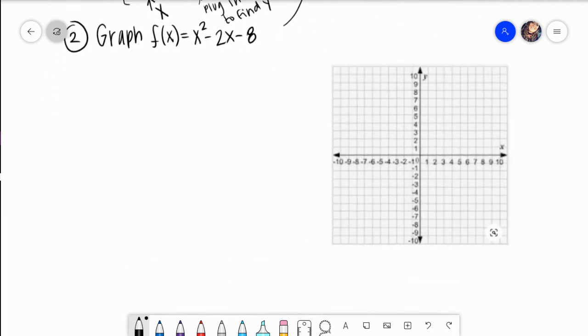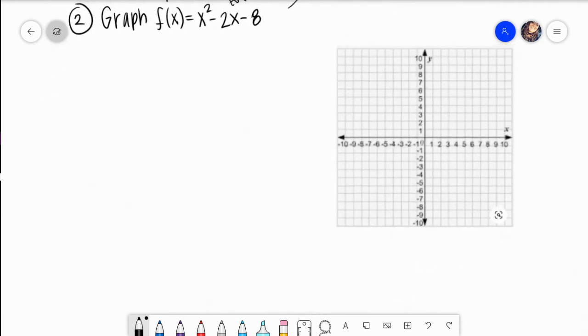Now let's do this one. It says to graph. I notice that it's also not in the correct form. It's in the ax squared plus bx plus c form, but there's a few things that I know I need to identify. My a is equal to 1, which is greater than 0, which means it opens up.